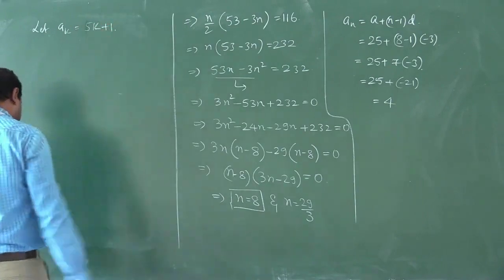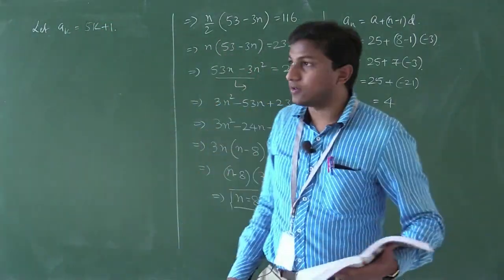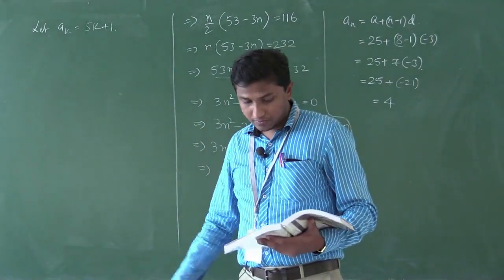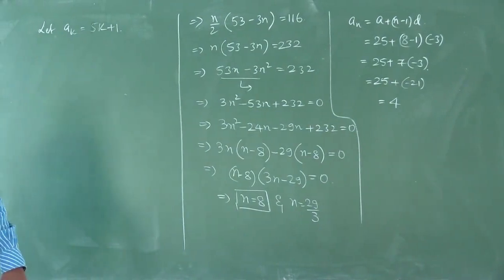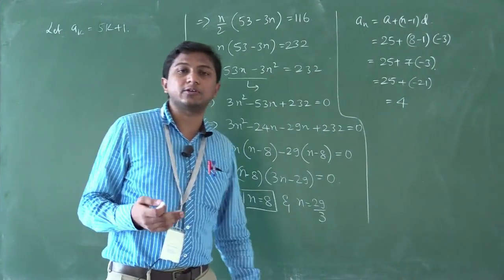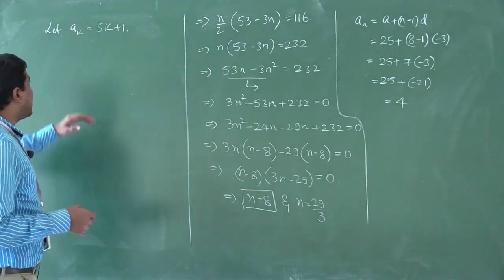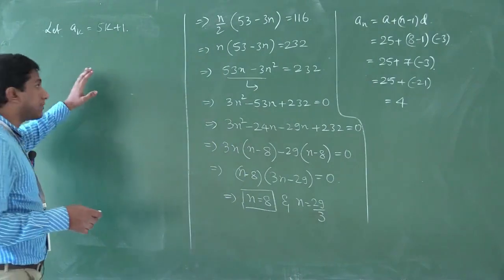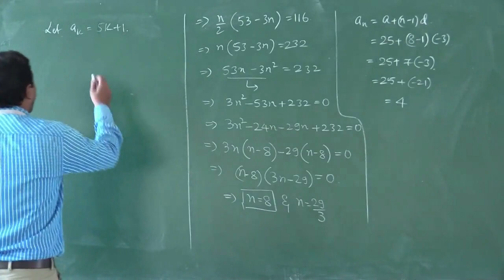I repeat the question once again. Find the sum to n terms of the AP whose kth term is 5k plus 1. So we have to find the sum to n terms, Sn, if the kth term ak is 5k plus 1.